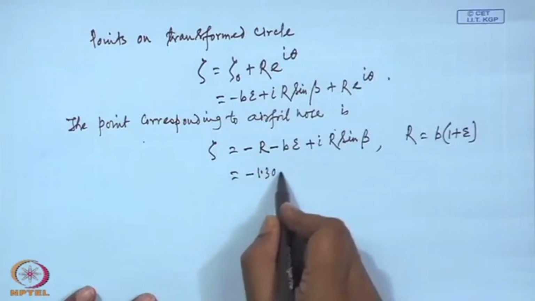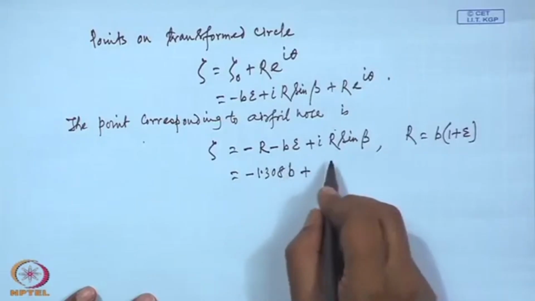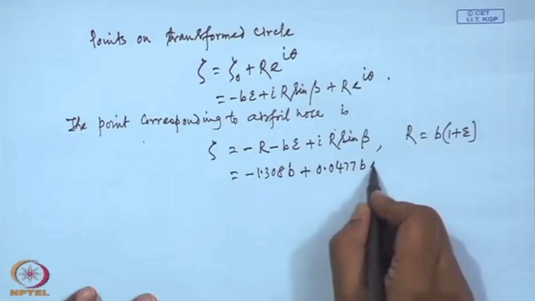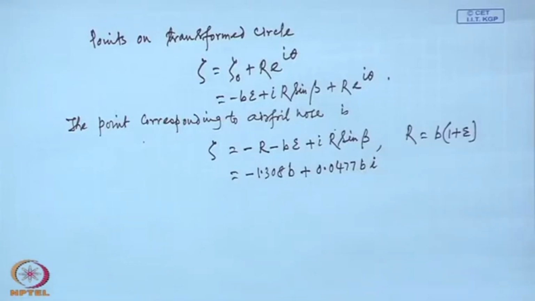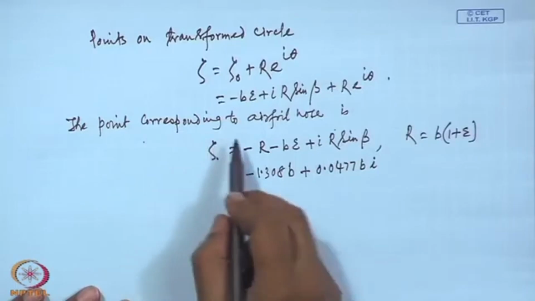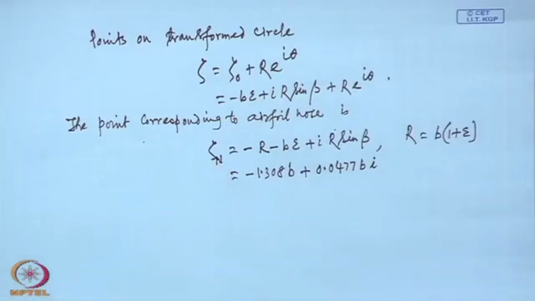What I have got is something like this, minus 1.308 B plus 0.0477 B I. This data, just to denote that this corresponds to the nose point, we will just give a subscript n. This is the point on the circle that corresponds to the nose of the airfoil.